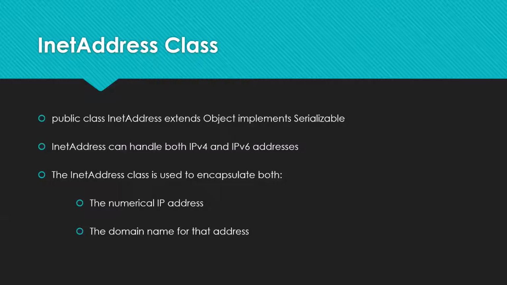InetAddress class also represents that. So in short, an InetAddress object is a combination of two things: the numerical IP address, which is more suitable for machines, and the domain name, which is more suitable for human beings. The machines can understand only the numerical IP address, whereas human beings are comfortable with the domain name for that particular address. Let's move ahead.